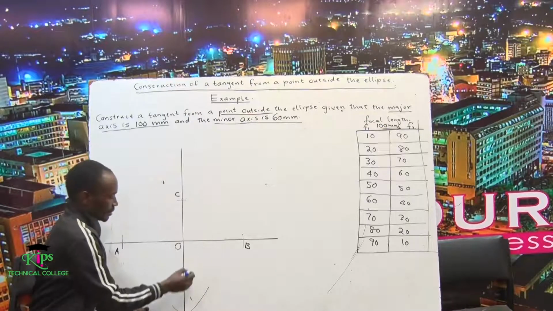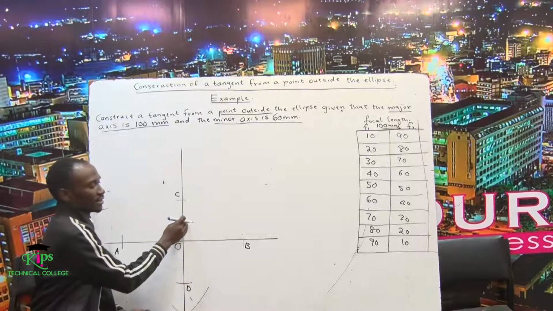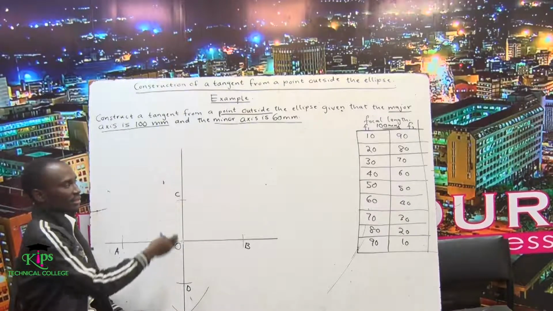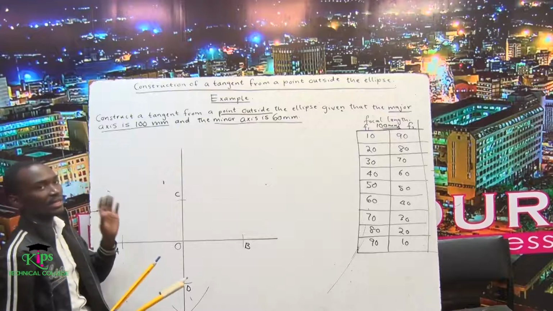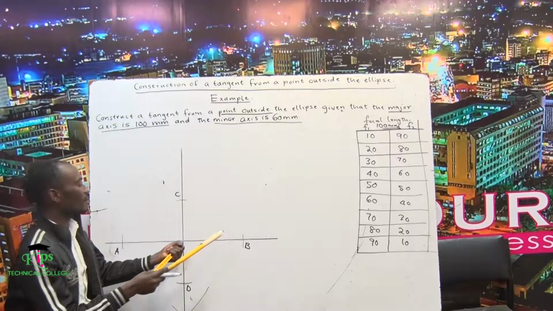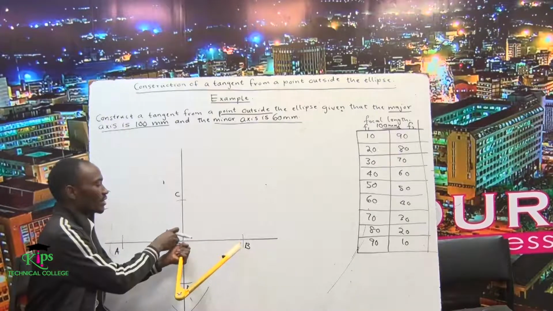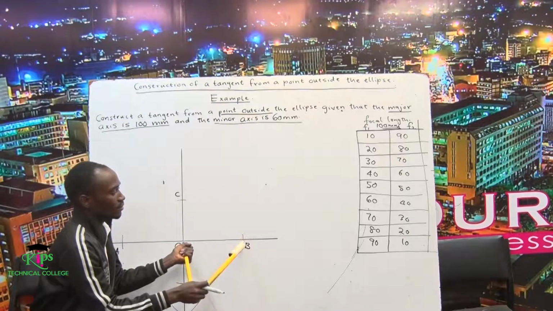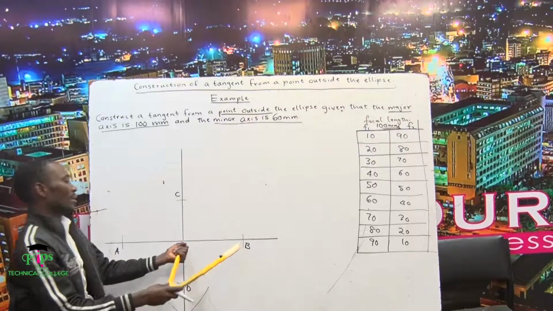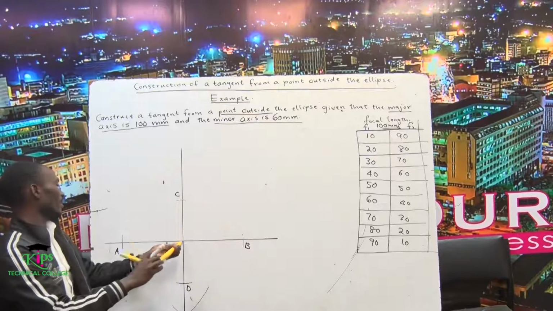This is C, D. So this is 3 centimeters and this is 3, so the total is 6 centimeters, which is equivalent to 60 millimeters. Again, I should transfer these measurements from O to B, or from O to A.